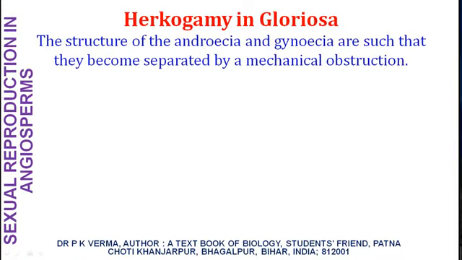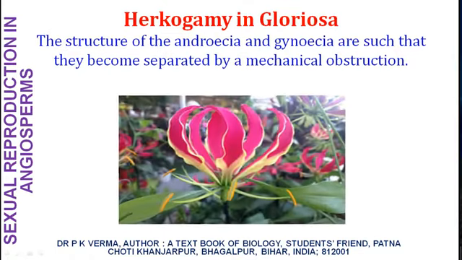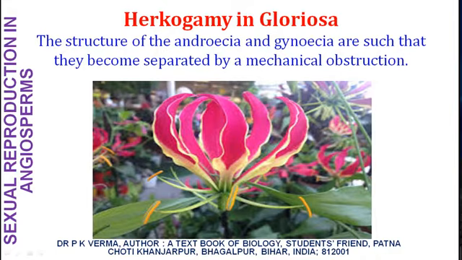Now, hercogamy means an obstruction between the androecium and gynoecium. What type of obstruction? You can see this photograph. It is the gloriosa flower. You can see that the anthers are out of the flower near the basal part, and the gynoecium, the style is here, and the gynoecium hides in between the petals.